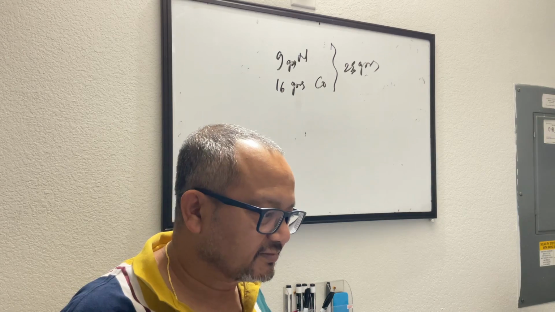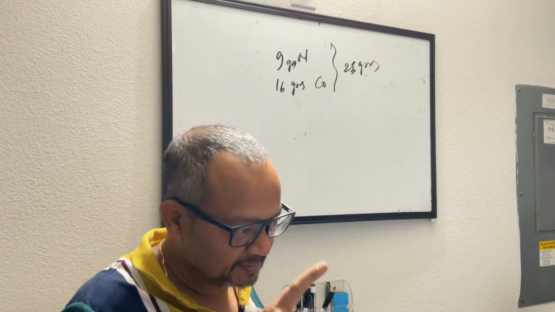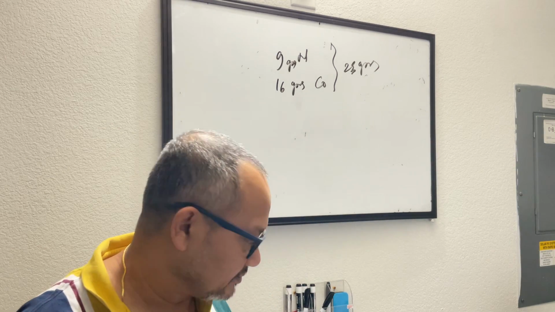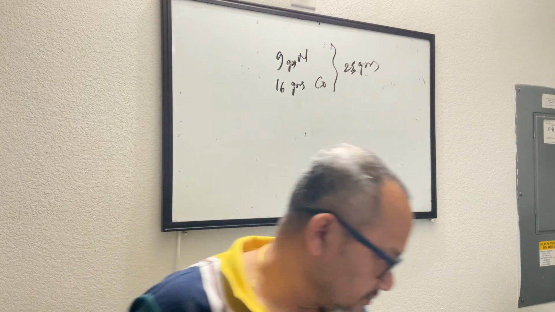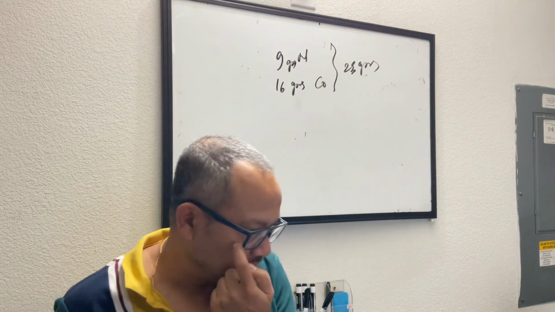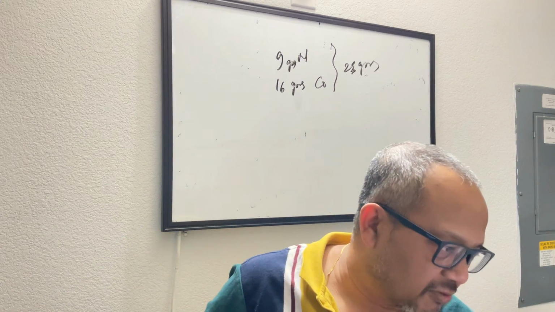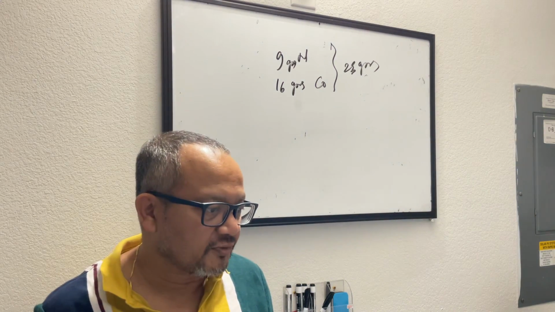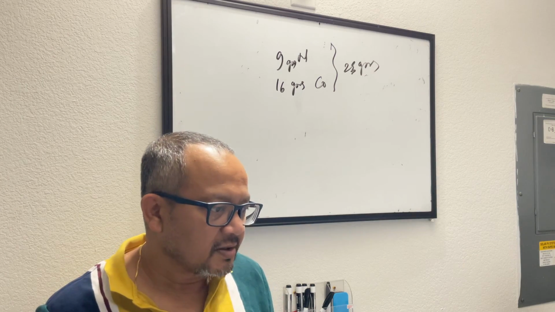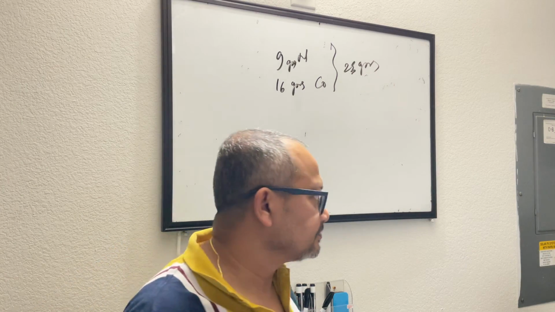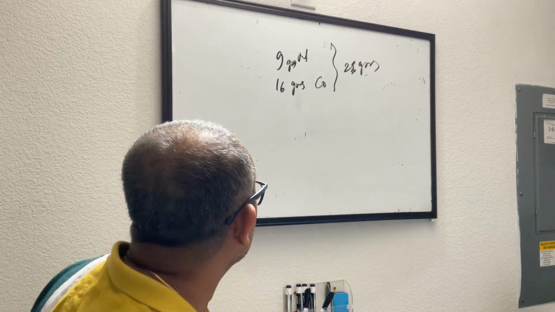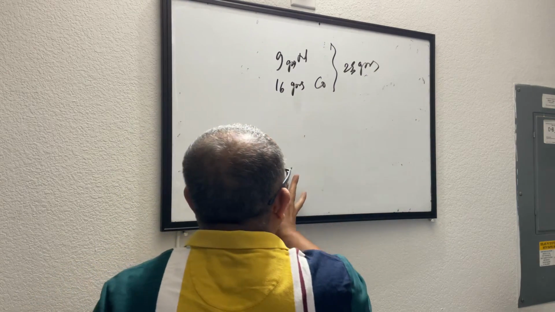Any idea? Wait, give me a second. You both heard the question, right? Vivan, Manas, both of you? Yeah, so basically what we have to do is that you kind of put 9 over 16 as a fraction.